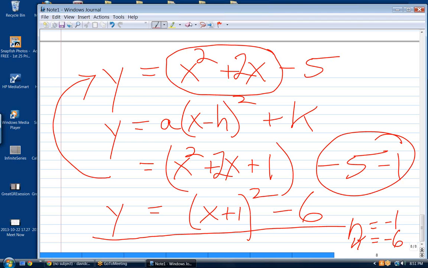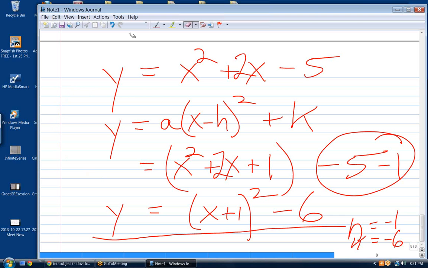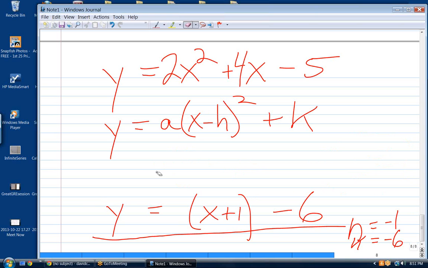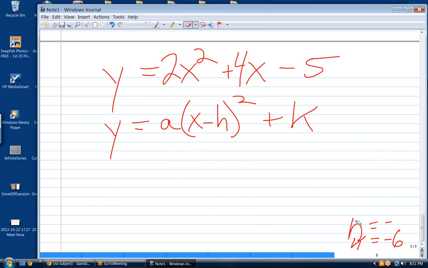Now, let's go over this with a slightly different scenario here. I'm going to put a 2 in front of that and a 4 in front of that. Makes it a little bit harder.